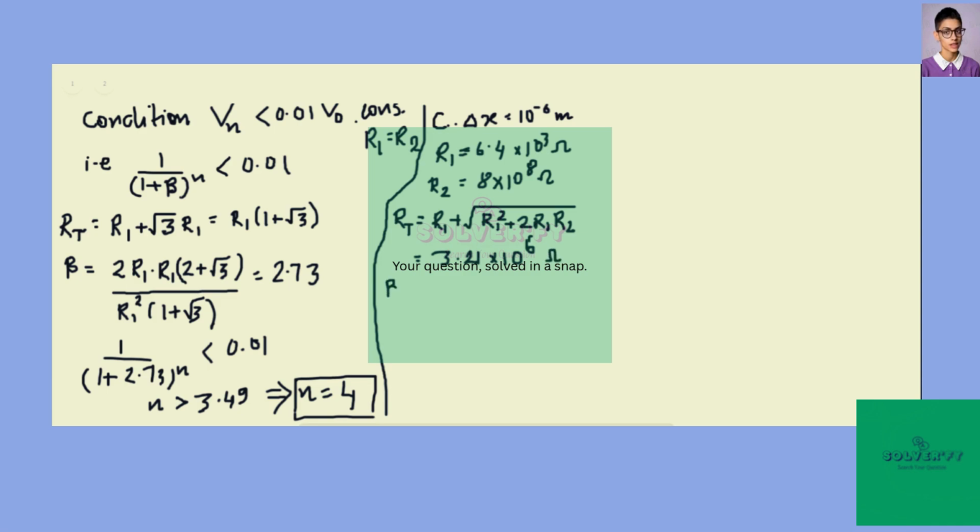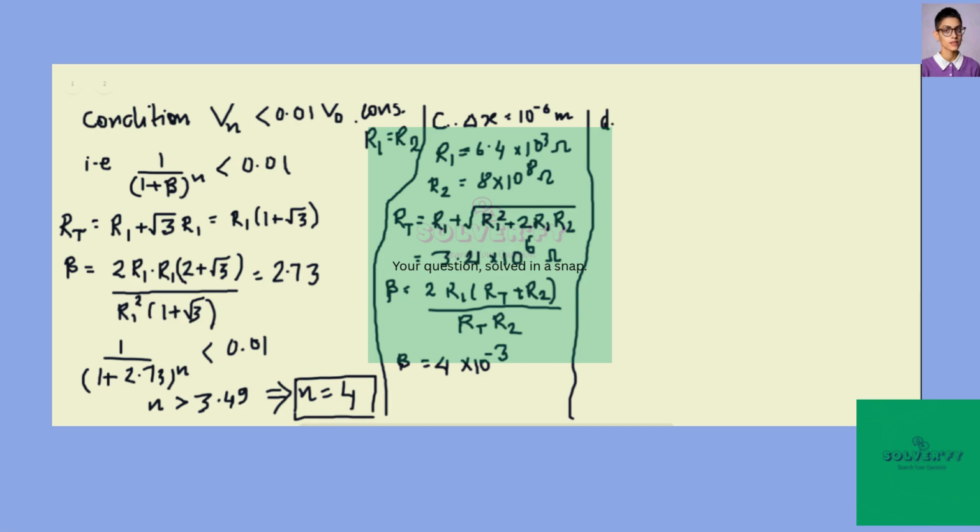Similarly, to calculate beta, we get beta equals 2 times R1 times RT plus R2 upon RT R2, right? So this gives me beta equals 4 into 10 to the power minus 3. We are done calculating RT and beta.